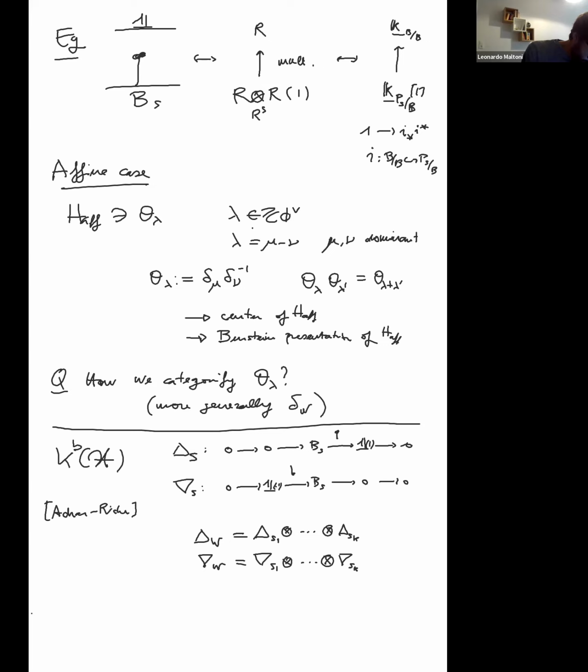And in the affine case, we can consider big theta lambda to be big delta mu times big nabla nu. And this is the Wakimoto sheaves, which I mentioned.